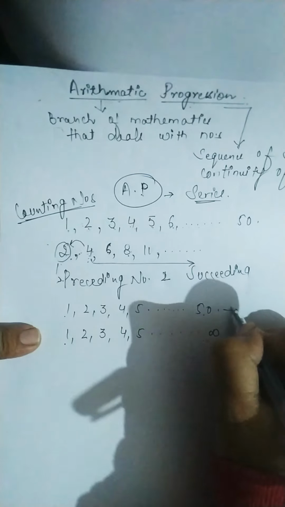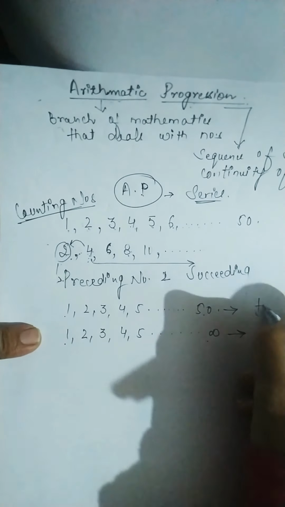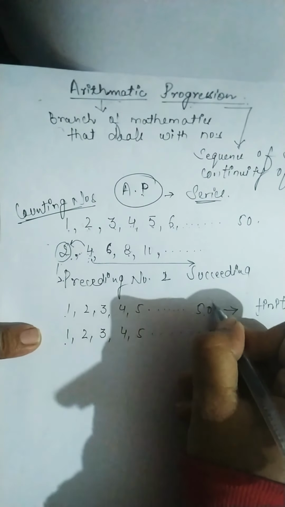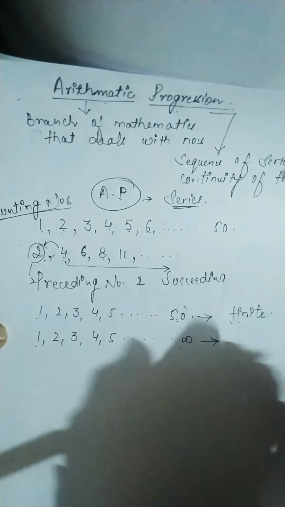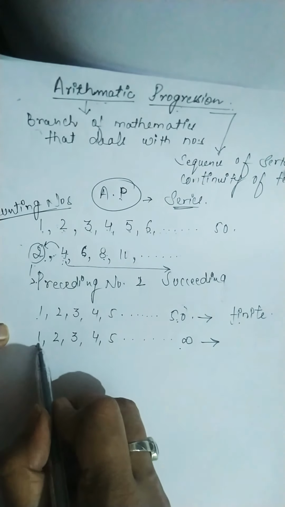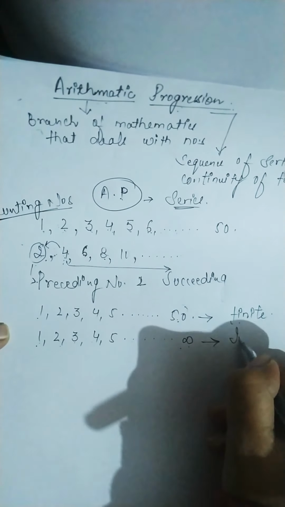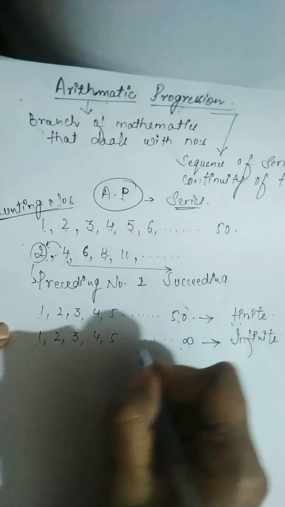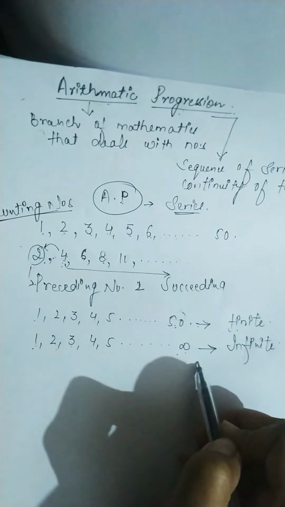As we have studied in earlier classes, we call it a finite series because it has an end point, it comes to an end. And here it starts from 1, 2, 3, 4 and goes up to infinity, so it is infinite. So we have one finite series and another infinite series.